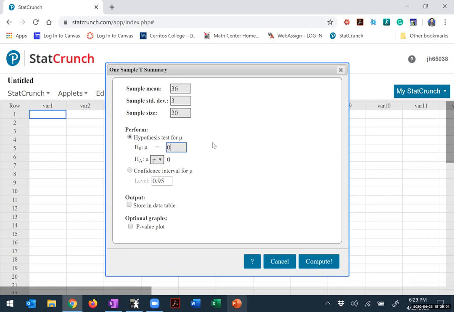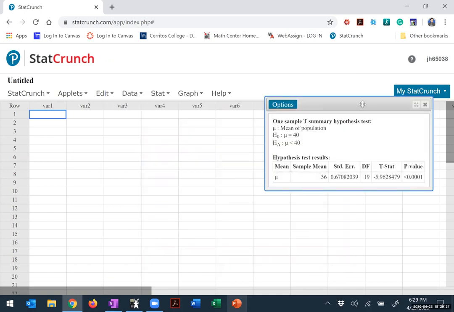What's our mu that we're testing against? I'm testing against a mu of 40. Then are we doing less than, not equal to, or greater than? We don't have to worry about the confidence level, that's for a confidence interval. We've plugged everything in, so we just hit compute.